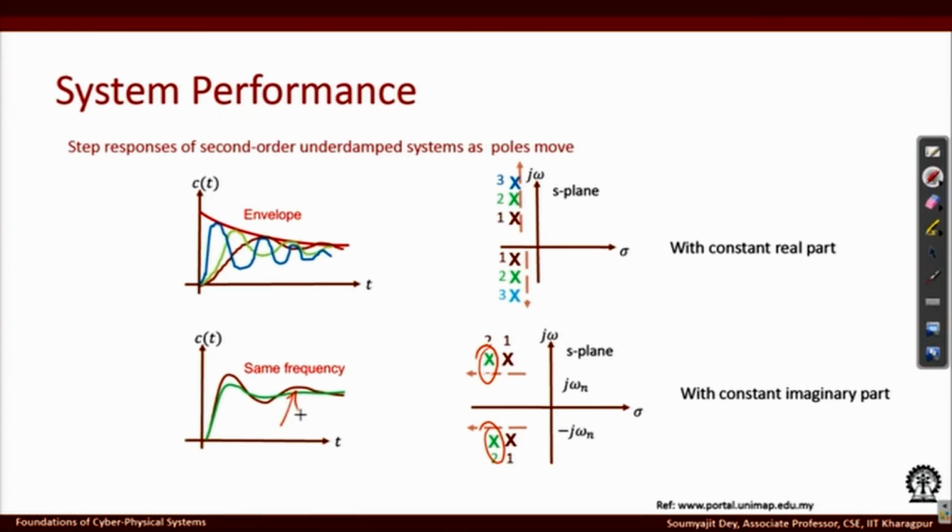Now observe one thing: the imaginary parts are the same, which really means the frequencies remain the same. That is indeed the case, but if the real part becomes more negative, you are essentially increasing the damping. So here with green, you get a response which is much more damped. The green one damps faster, although the oscillations have the same frequency.